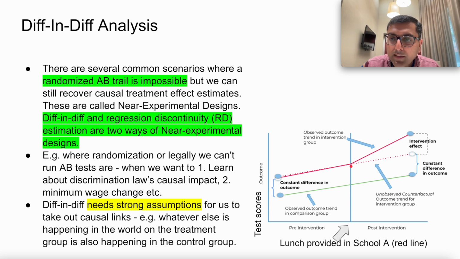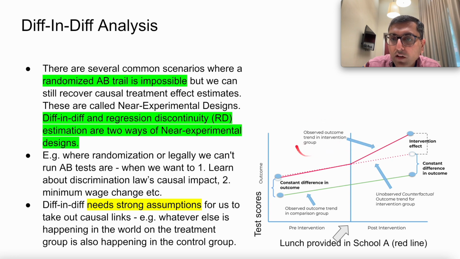And what you saw is that after you started providing lunch, the test score started to increase. And then you can compare that to a school which doesn't have lunch provided. And then you see, hey, if I didn't provide lunch, I would still get this constant improvement that I see over time, but I get an extra intervention effect.